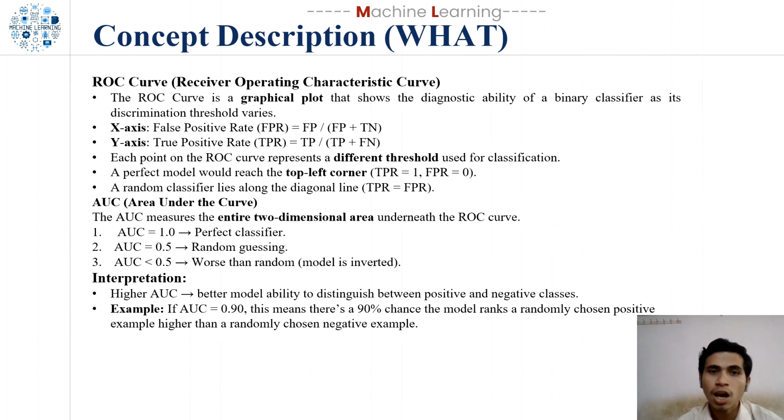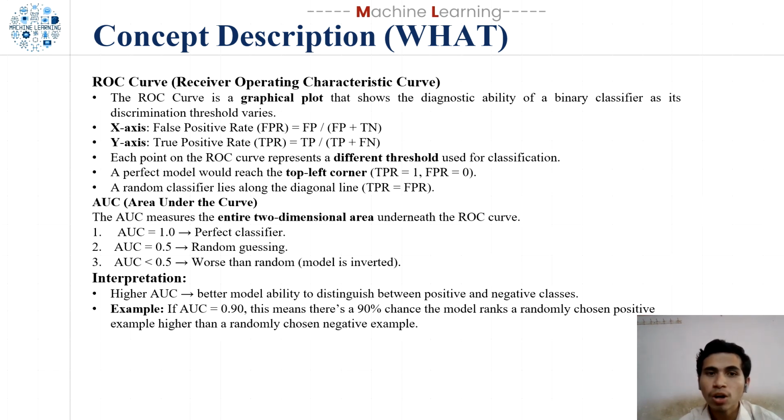Now, what are the ROC curve and AUC? The ROC curve, the receiver operating characteristic curve, plots the true positive rate, which is also called sensitivity or recall, on the y-axis against the false positive rate on the x-axis, calculated at different thresholds.